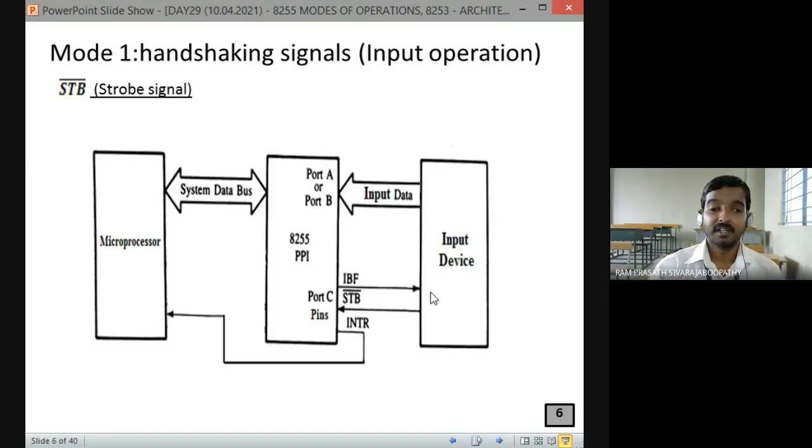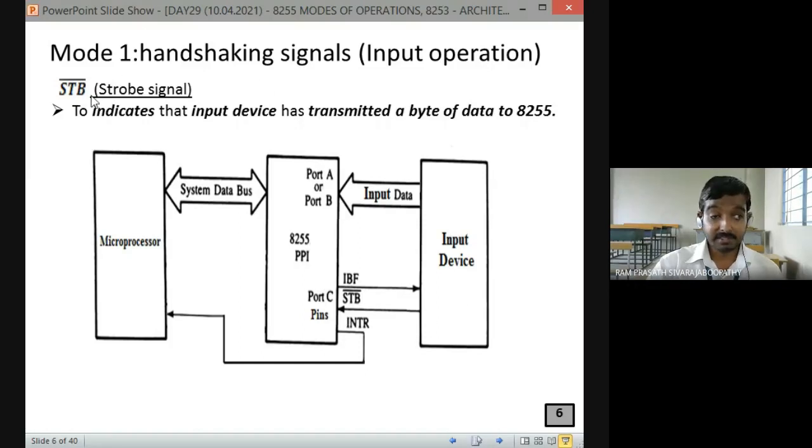Yes. Fine. So when the input device gives data to the microprocessor, first it has to generate the signal STB bar, to indicate that the input device has transmitted a byte of data to 8255. What about the condition of the signal, whether it is active high or active low?